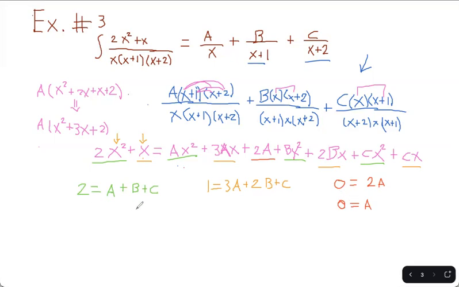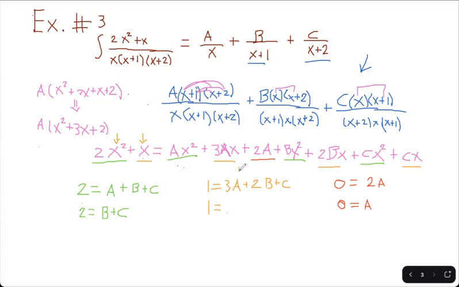Now, wherever we see a, we're going to plug in 0. So for our green, if I were to plug in 0 for a, I'm going to be left with b plus c. For this one, 1 equals 3a plus 2b plus c.